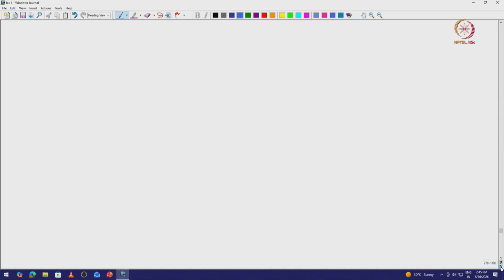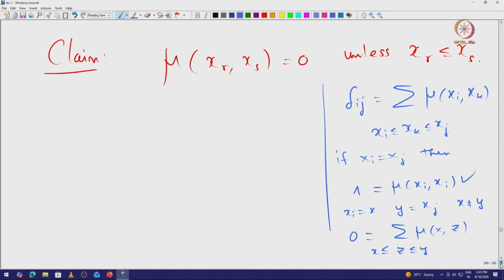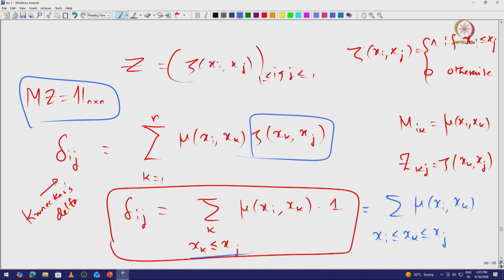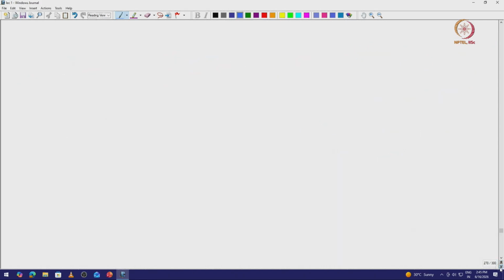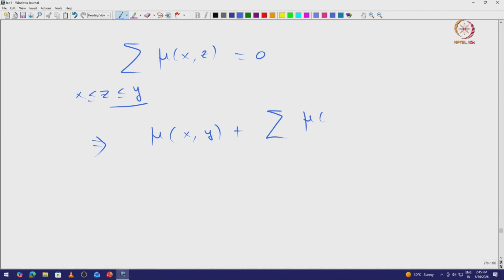So, if you keep z being y separately, then you can rewrite as follows: the summation of mu of x z, where z runs in the interval between x and y, equal to 0, would imply immediately that mu of x y, separating this z being y, plus the summation of mu of x z, where x less than or equal to z less than y, becomes 0.